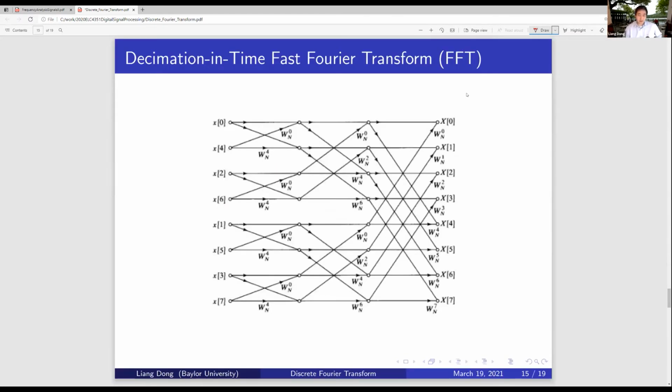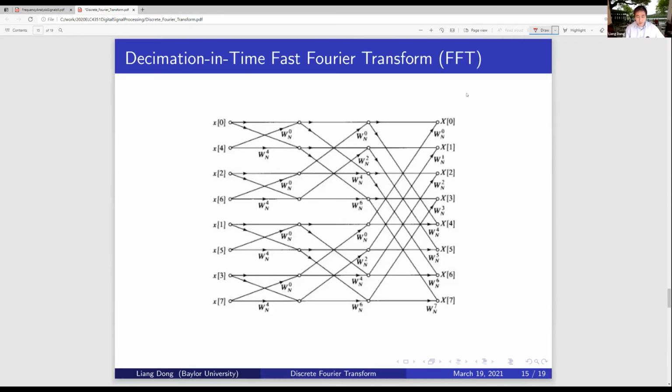And then lastly, we can also continue with this process. So we don't have a DFT block, we don't have a Fourier transform block. Everything is very simple. It's a multiplication by a weight and then adding together. So we got this, which is a butterfly plot. We call this the butterfly plot of the fast Fourier transform.